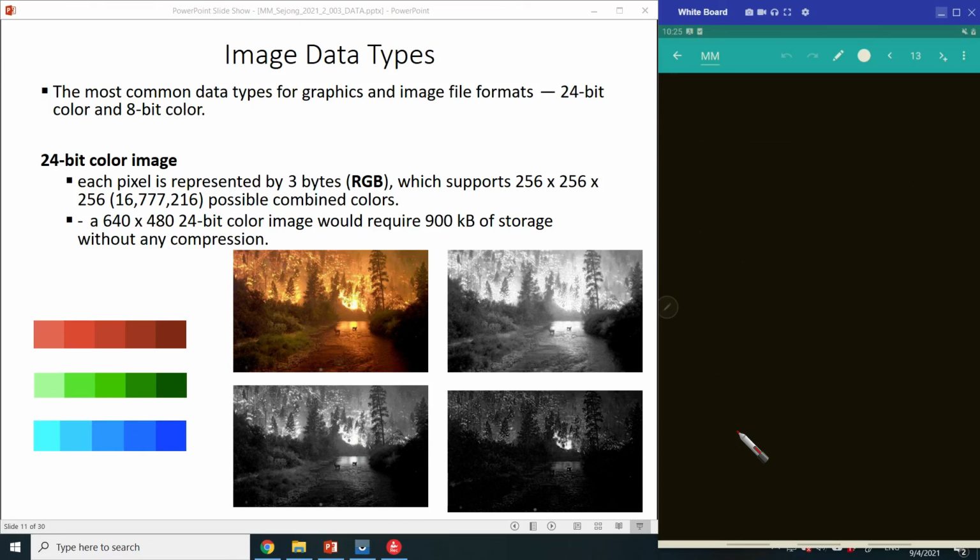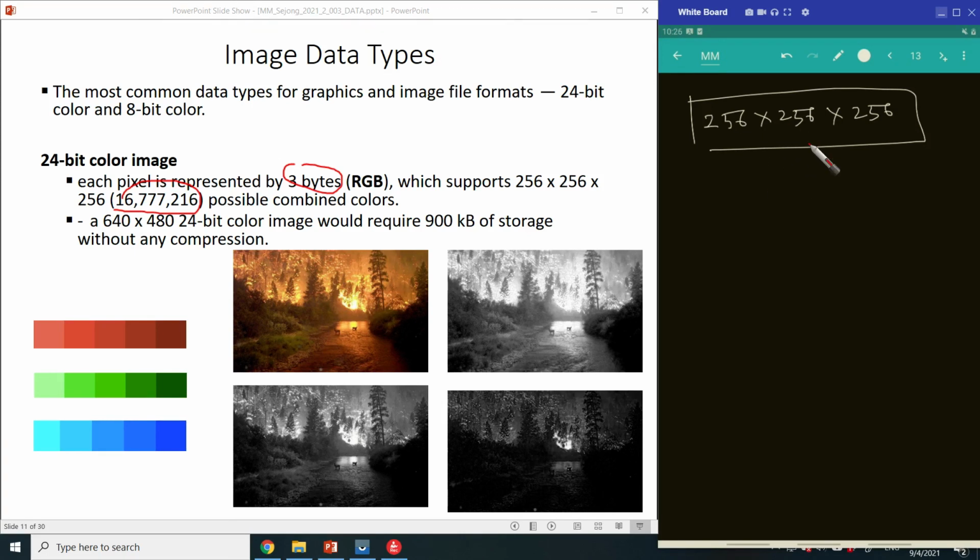For each pixel we need 3 bytes of storage. And if you see the 256 different possible reds, 256 possible greens, and 256 possible blues, if you multiply all of this, you get more than 16 million possible colors. So there are possibly 16 million colors we can generate from this.